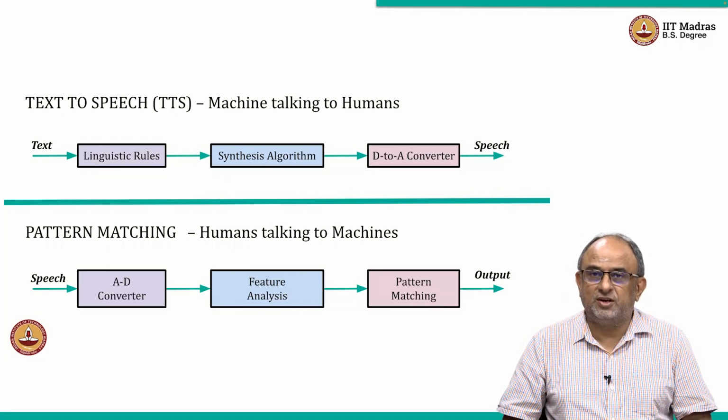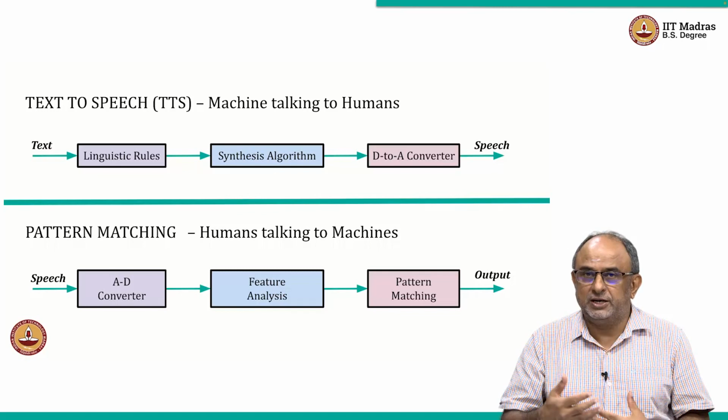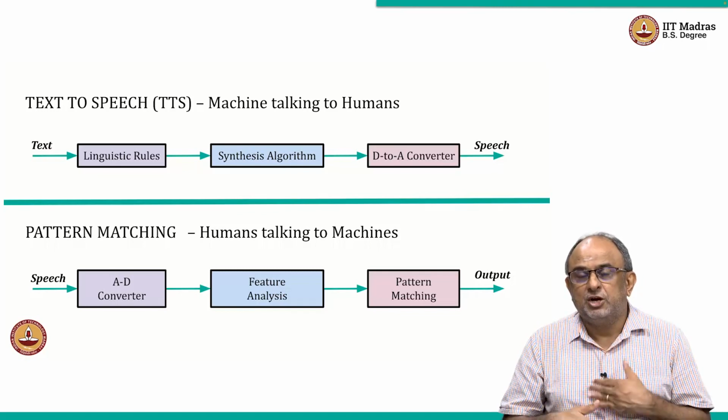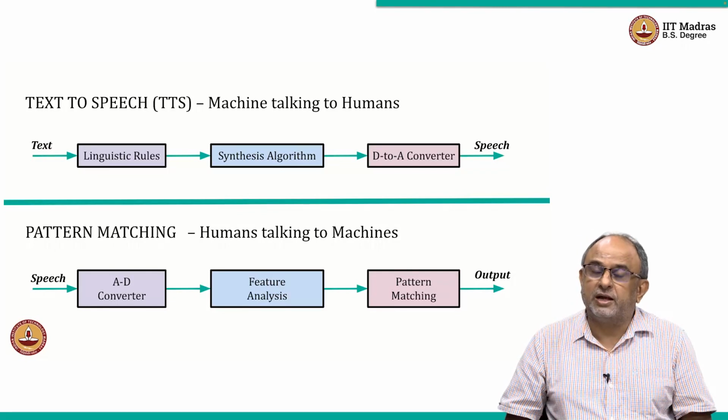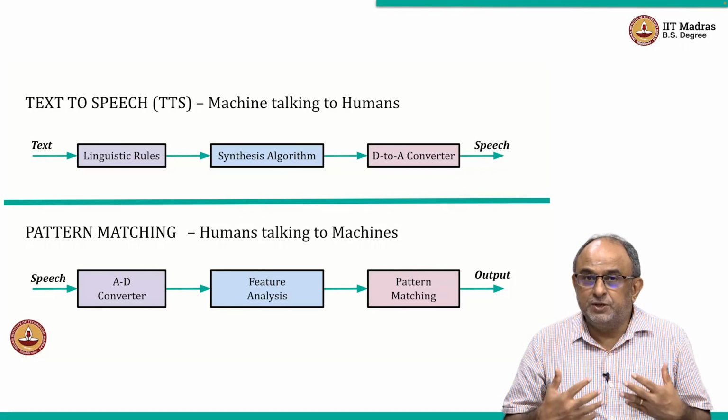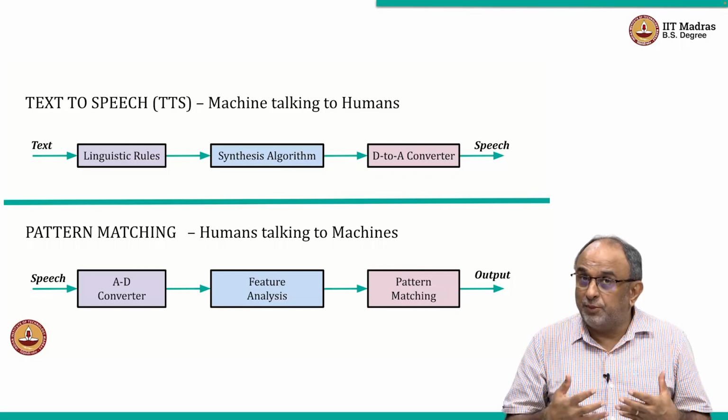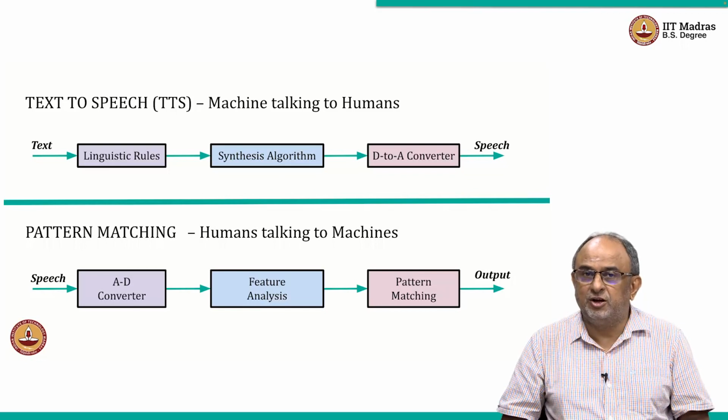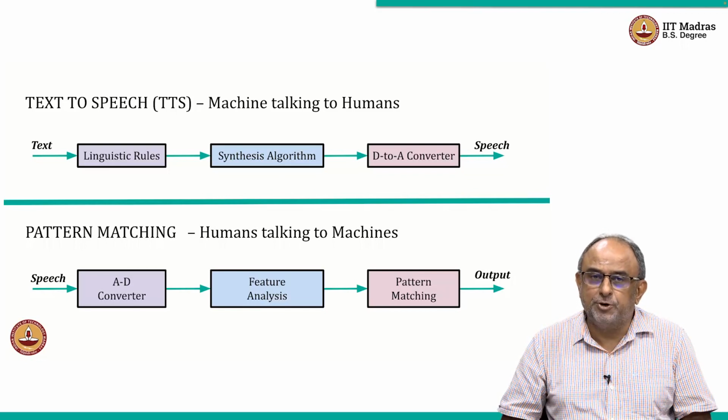And the opposite is when I speak, right? Can I communicate to the machine in some way, right? And therefore we need the opposite. I am producing the speech signal, but now I want it to be converted to text so that the machine can process it and act on the text, right? Or when I speak, can the machine understand not what I'm saying, but who I am, right? In speaker verification, biometrics, right?